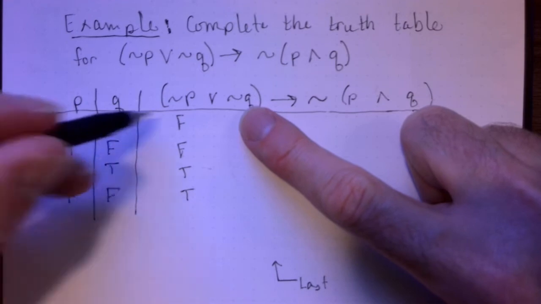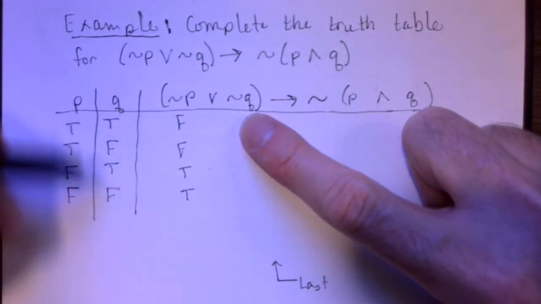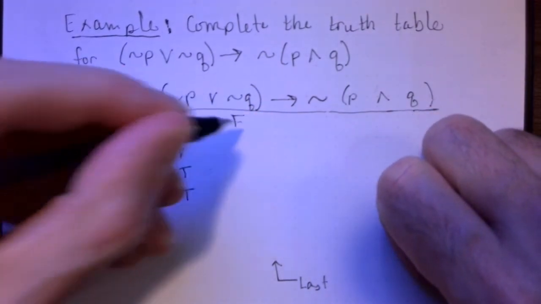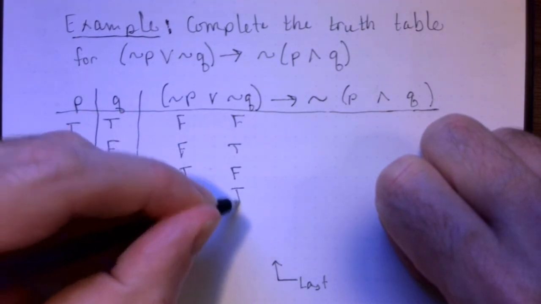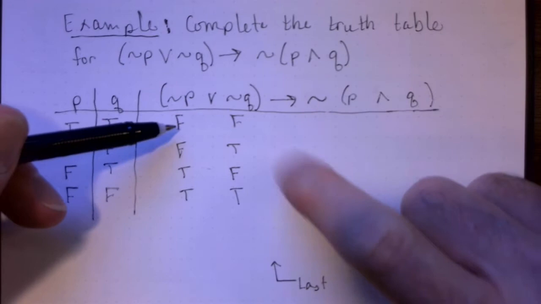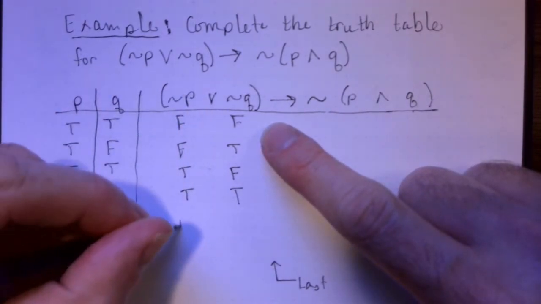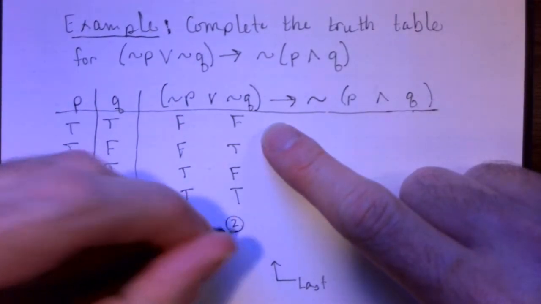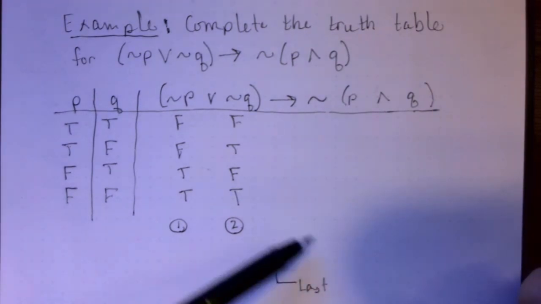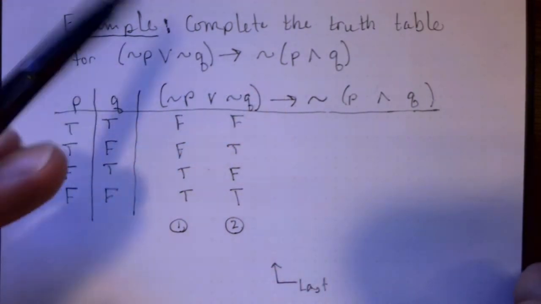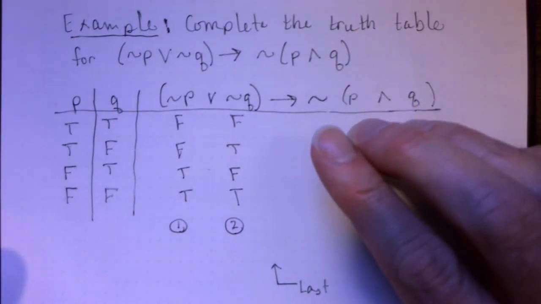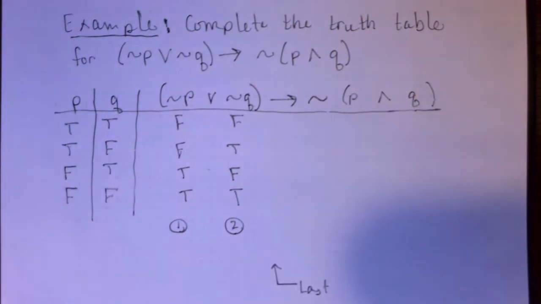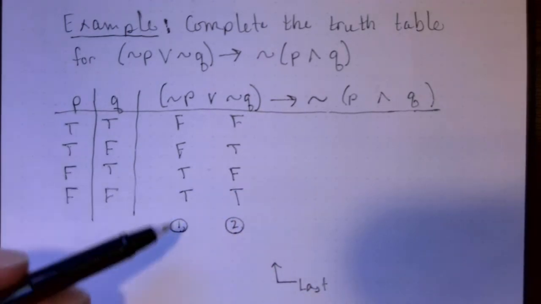Same thing here, except I'm going to be focusing on the truth values for Q. Now I'm going to apply the OR operator, so let me just annotate. I would also note this is the thing I'm going to do last. I need the truth value for this part, and I need the truth value for this part before I can deal with the conditional. So I just made a note to myself, that's going to get done last.